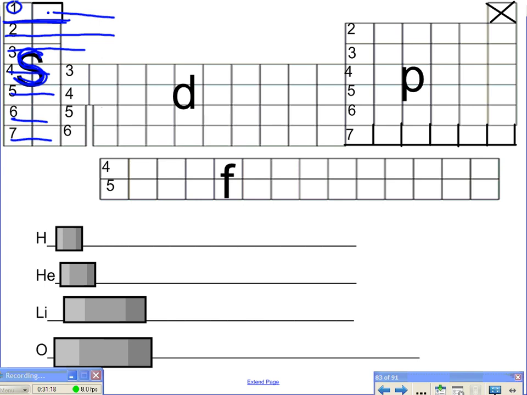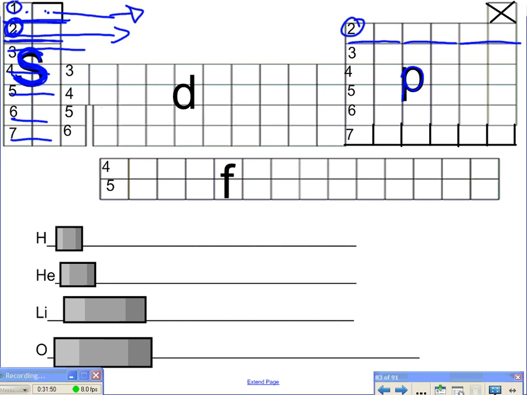After I put 2 electrons in that level, then there's nothing else there. So that means I have to go into the second energy level. The second energy level has an s sublevel that holds 2 electrons. Then after that, I go to the 2p sublevel, and it can hold 6 electrons.